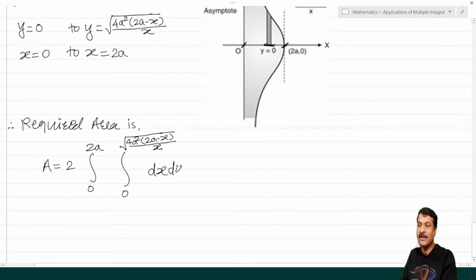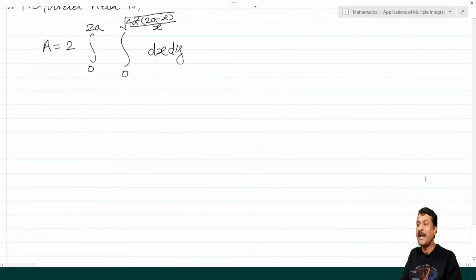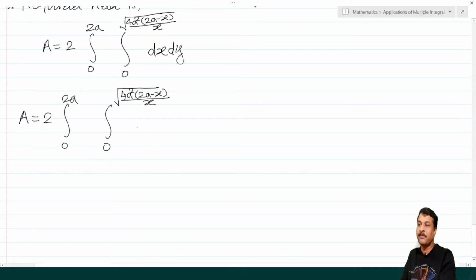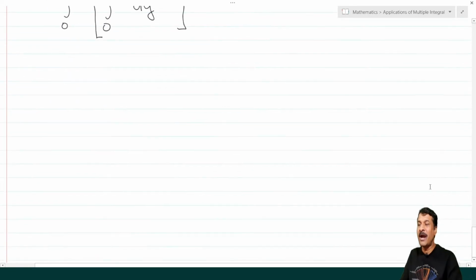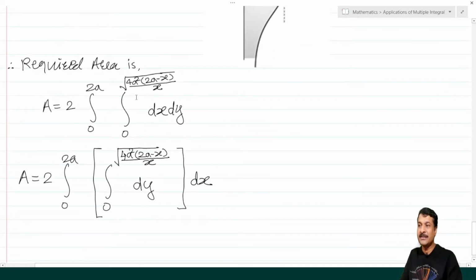Note that the inner integral contains x, meaning these are the limits of y, so only dy is inside. So I am getting area equal to 2 times the integration from 0 to 2a, inner integration 0 to the square root of 4a squared into (2a minus x) upon x, and only dy inside. You can take direct steps by practice, but here I am solving stepwise. You can decide directly that it is y, because integration is with respect to y, only dy is there.